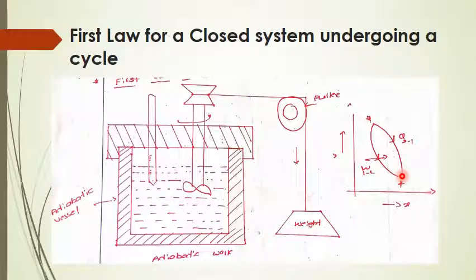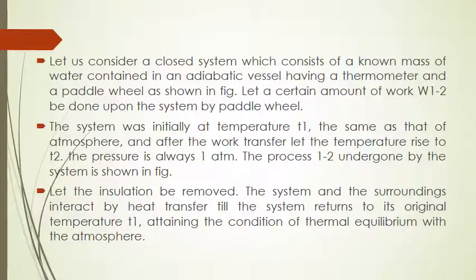That amount of heat, Q2-1, can be represented in this PV diagram. Some amount of work is done on the system, and after that, once you remove the insulation, from 2 to 1 the system again loses its heat to the surrounding. Thereby the system completes one complete cycle. This is the explanation which I explained in the last slide.